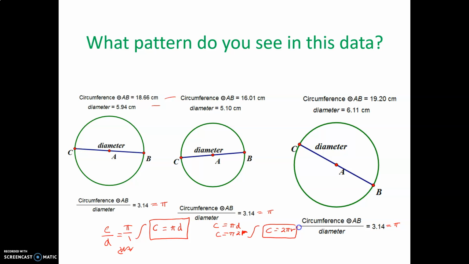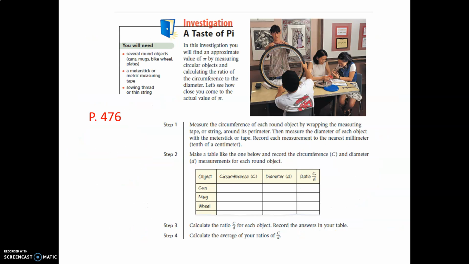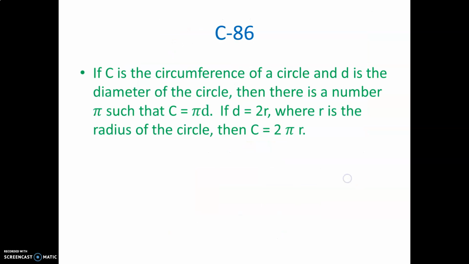So conjecture number 86 says two formulas for circumference of a circle are circumference is equal to 2 pi r, or circumference is equal to pi times d. If we were in school, I'd make you do this investigation where you would measure things to see the formula actually works.